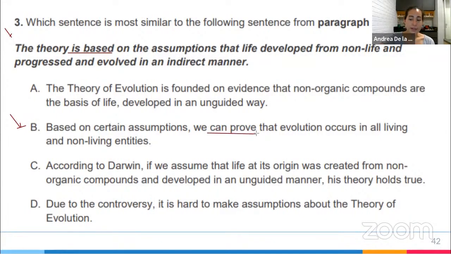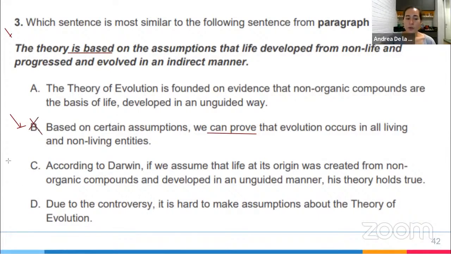Can, exactly. Great, Laura. It's prove or can prove, right? So that is the main idea of this sentence. Basically, that we can prove that evolution occurs this and this and that, right? So the main idea of option B is that we can prove that evolution occurs in this and that. So that has nothing to do with the main idea that we established was the one from the original sentence, right? To show what the theory is based on. So option B couldn't be the one.